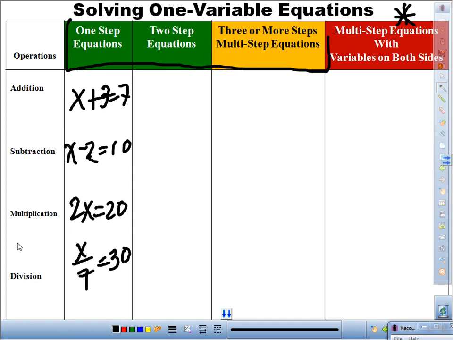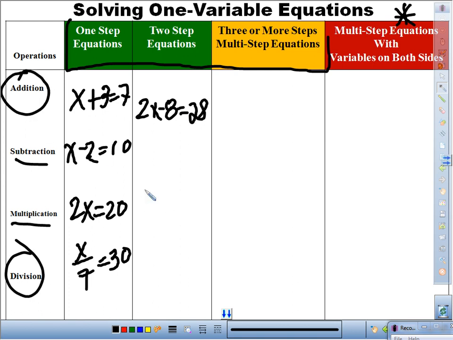Two-step equations is combining two different operations. I'm going to combine multiplication and subtraction. 2x minus 8 equals 28. I'm going to combine division and addition. X over 7 plus 3 equals 8. These are two-step equations. Three or more steps.